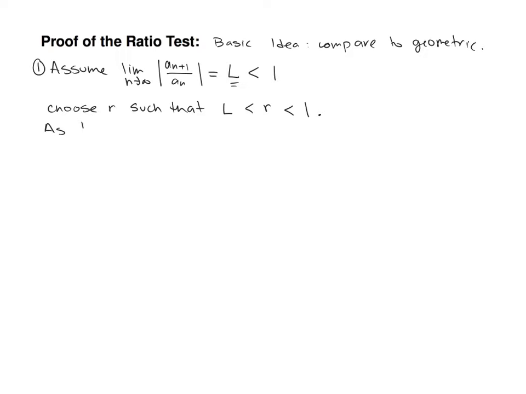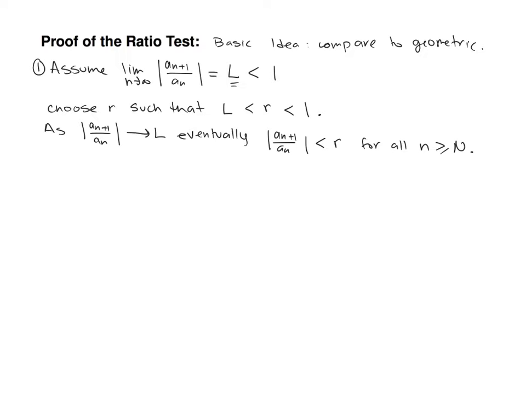Now, as the absolute value of a sub n plus 1 over a sub n goes to L, eventually that ratio, |a_{n+1}/a_n|, is less than r for all little n bigger than or equal to some capital N. Does that make sense?